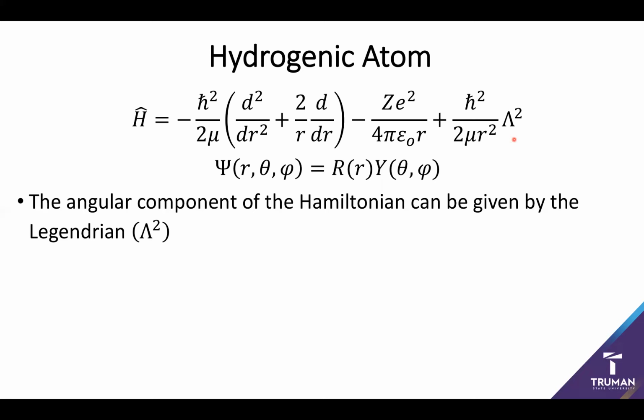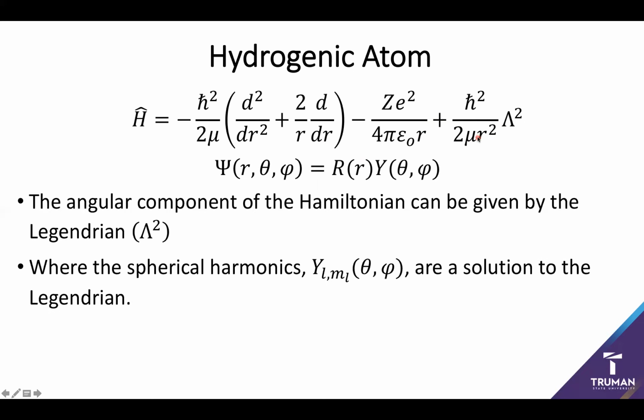set of functions that are going to be eigenfunctions of the Legendrian. Well, it turns out we've done that already, because the Legendrian showed up when we did a rigid rotor, where essentially we set all of our other kinetic terms equal to 0, and we were just left with this component. And if you remember, our solutions for the Legendrian were our good old friend, the spherical harmonics.